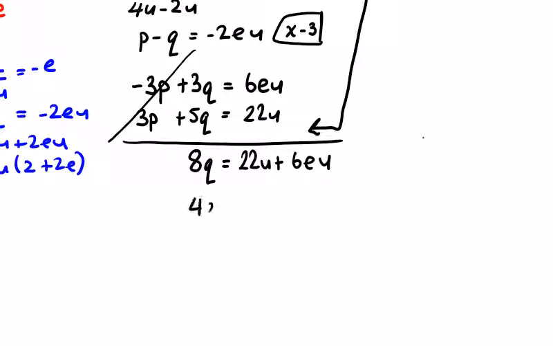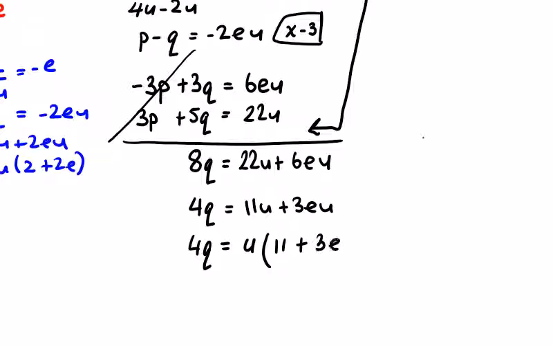Well, we can divide by 2. 4Q is equal to 11U plus 3EU. If we factor out the U, 4Q is equal to U times 11 plus 3E. So Q will be equal to, this is the speed after impact, U over 4 times 11 plus 3E.